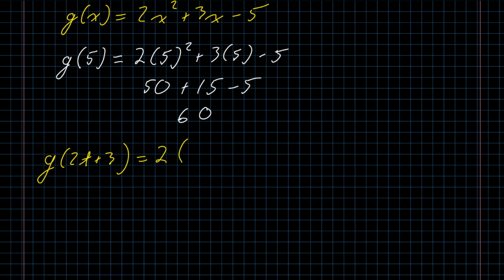Take our x, replace it with the thing that we plugged in, so 2t plus 3. And now we have an expression to simplify instead of a numerical expression to evaluate, but we still can do that. It's not that difficult.